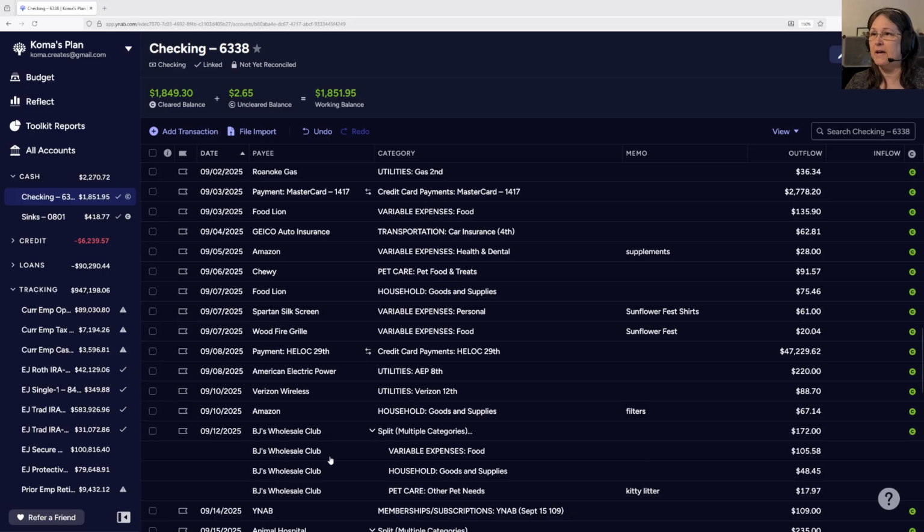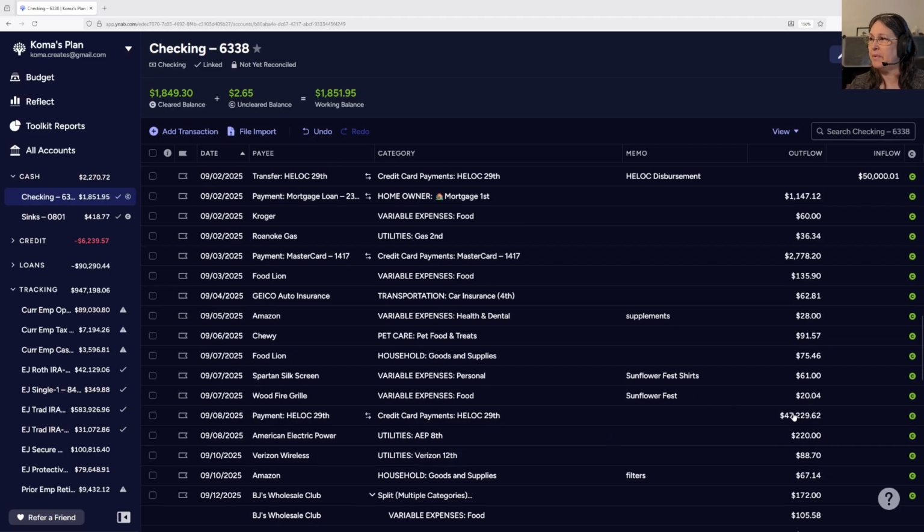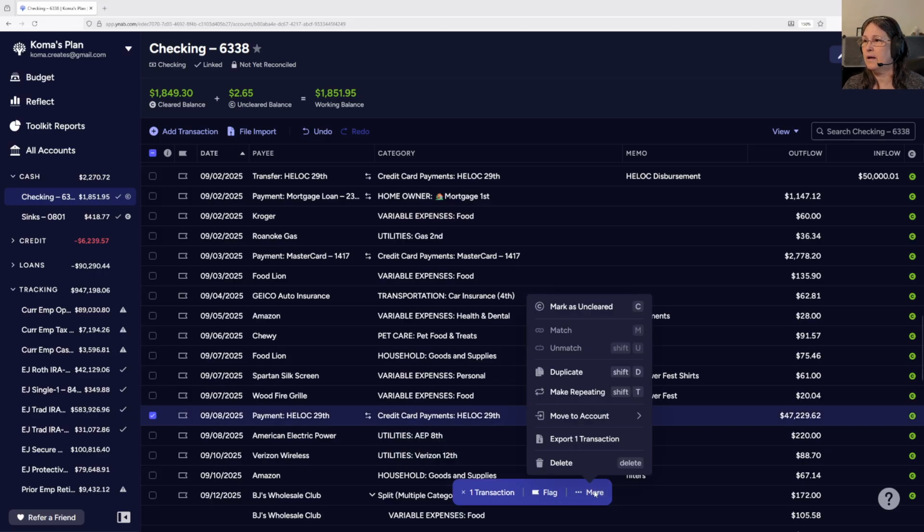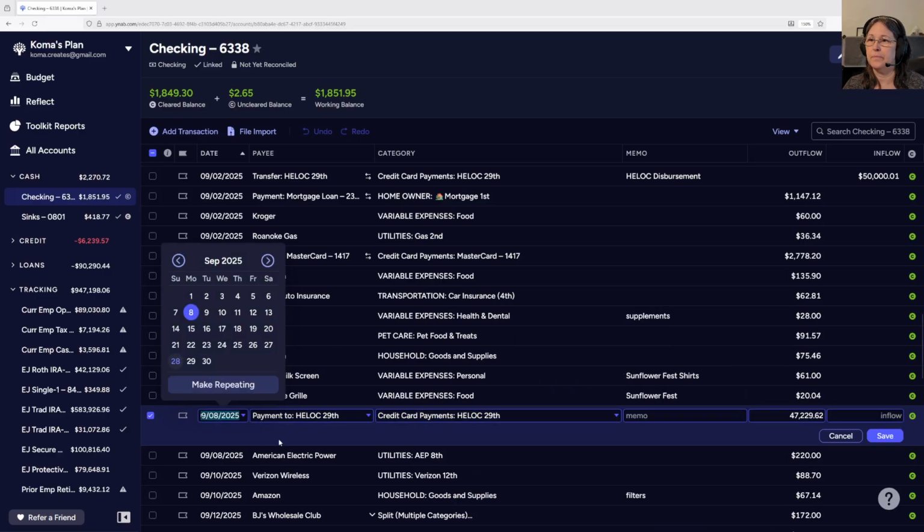Maybe not. Okay, it's fine. I might not be able to do it, because looking at this, it's that credit card payment of 47. I really do want to know how much of it was interest and how much was towards the principal, but I may not be able to. It just may be the nature of this, because I don't think I can split this. Nope, not as far as I know.